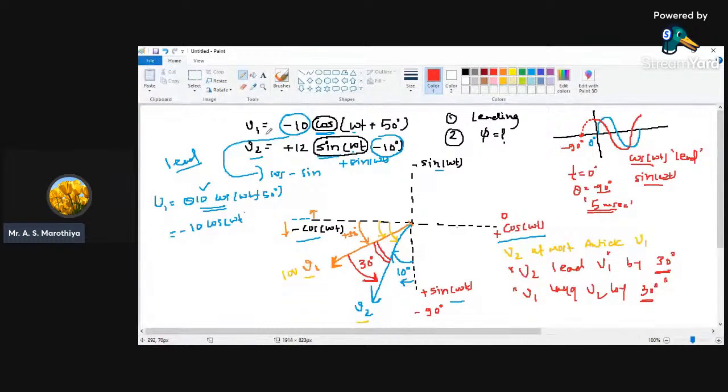You may solve this particular numerical by applying the concept of analytical approach, where you need to either convert this cos into sine, or convert this sine into cos by applying that trigonometric formula, then draw the phasor diagram corresponding to each of the quantity on the phasor axis, and then apply this logic, that which one is going to be the extreme leading, which one is going to be the extreme lagging, and then based on that you need to find out the phase difference between V1 and V2 and find out which is going to be lead and which is going to be lag. So final answer is, in this particular case, V2 lead V1 by an angle of 90 degree.